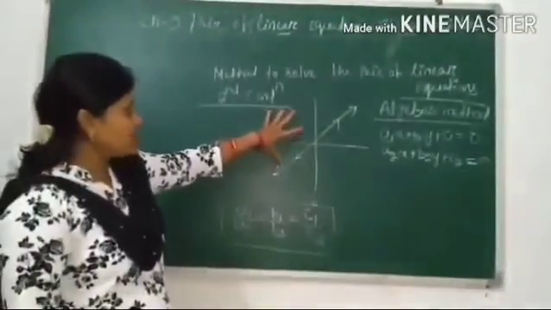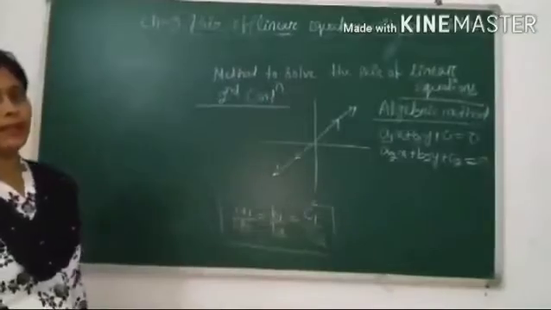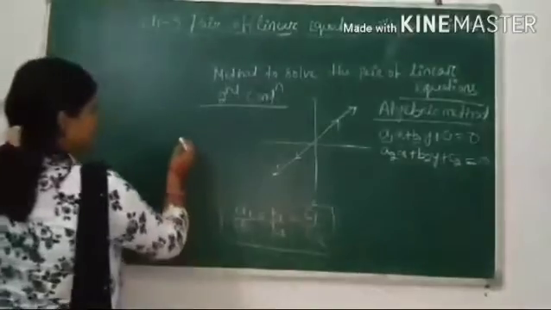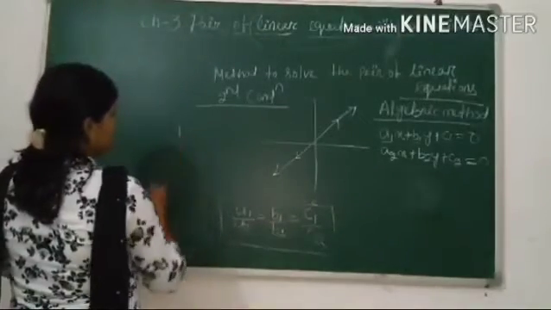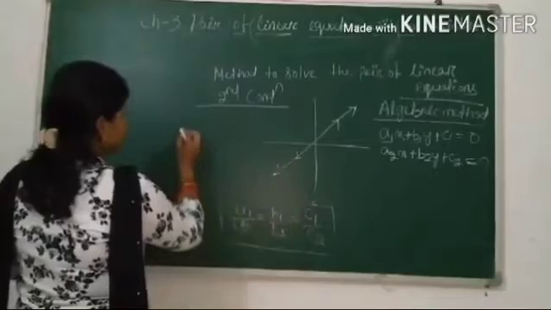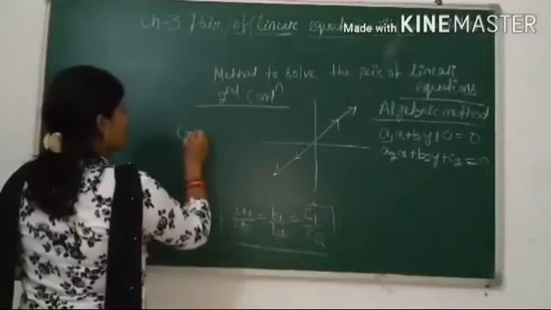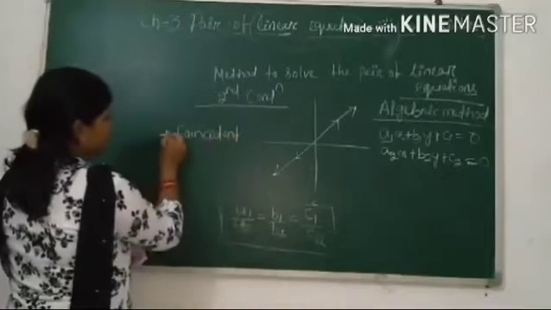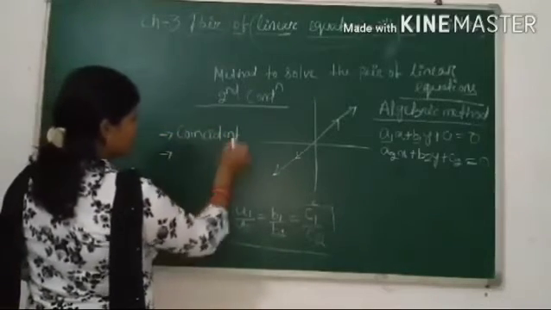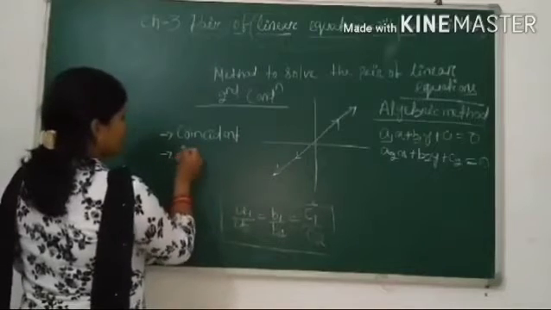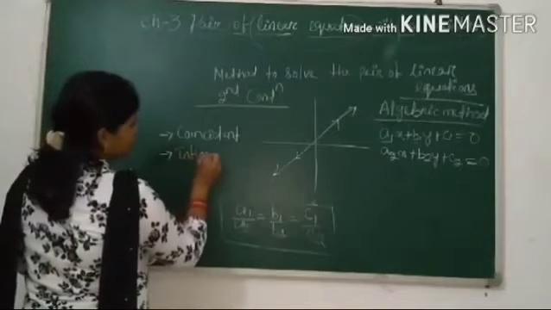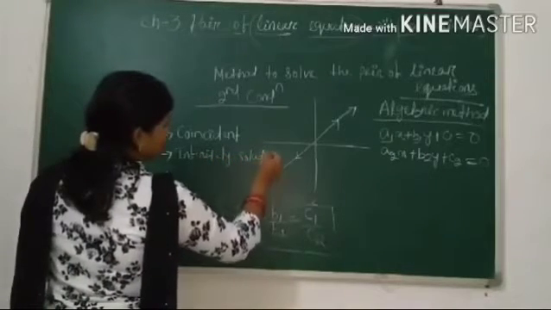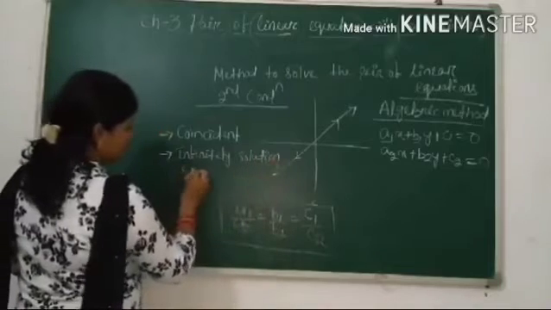One line is overlapping the other. If one line is overlapping the other, it means infinitely many solutions are possible. And this type of equations are known as coincident, and in coincident, infinitely many solutions are possible.